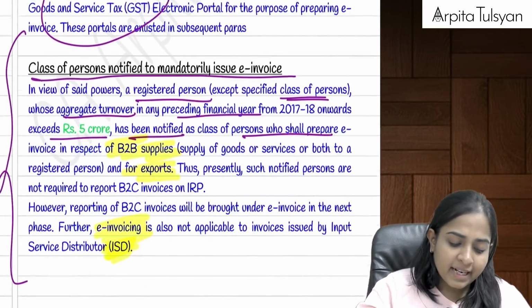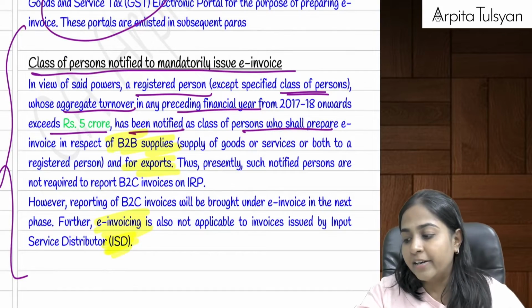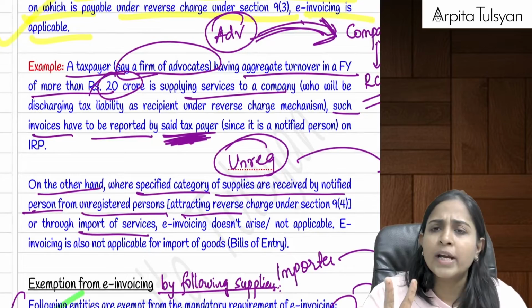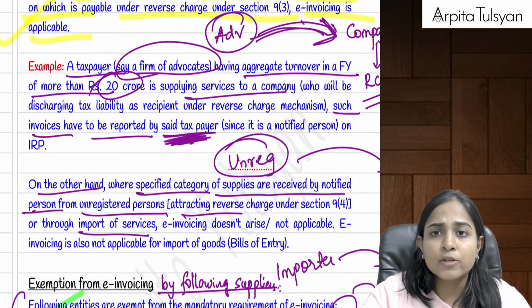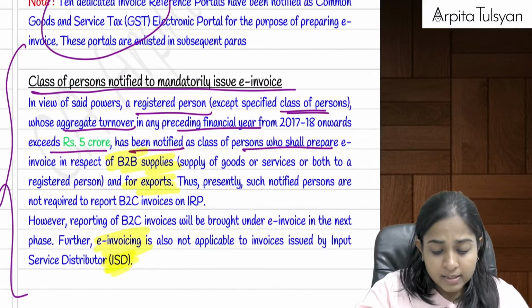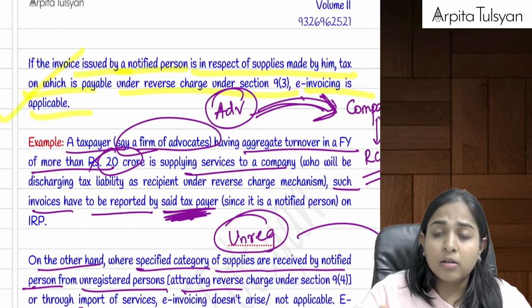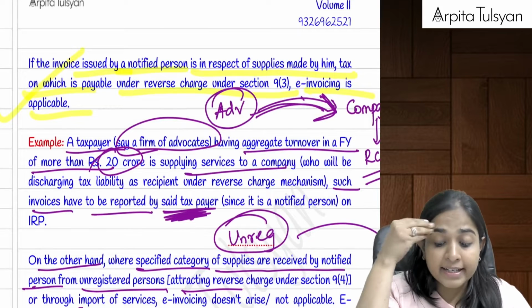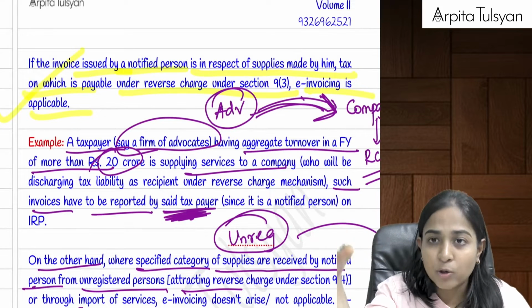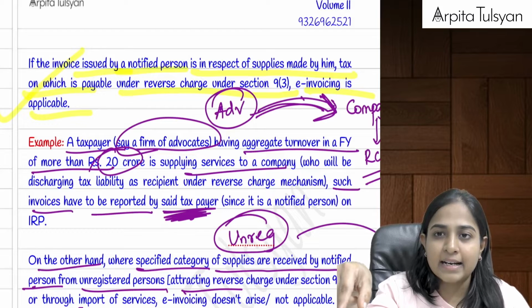Right? Then after that, whatever we have studied here, these persons were required to mandatorily issue the e-invoice in two cases. One was in the case of B2B and the other one was in the case of exports. Similarly, imagine a registered person making a supply to another registered person, but the recipient was liable to pay the tax under reverse charge mechanism.